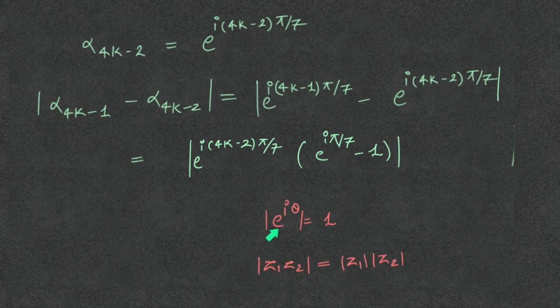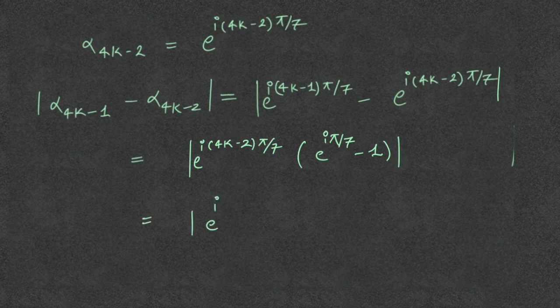Since mod of e to the power iota theta is equal to 1 and mod of z1 into z2 is equal to mod z1 into mod z2, applying these properties here, we get mod of e to the power iota 4k minus 2 into pi by 7 times mod of e to the power iota pi by 7 minus 1.